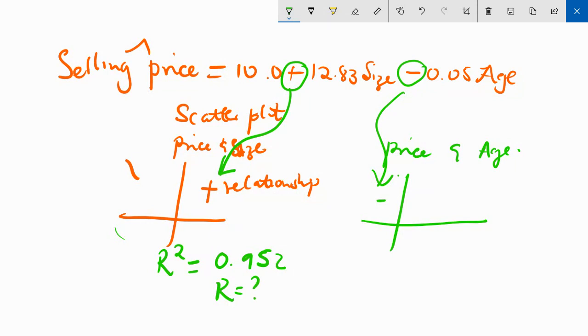Remember, our R squared here covers Y and what? X1 and X2. So what will be our R? 0.976.